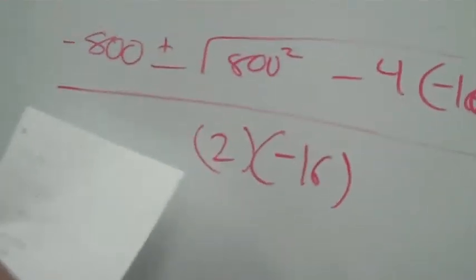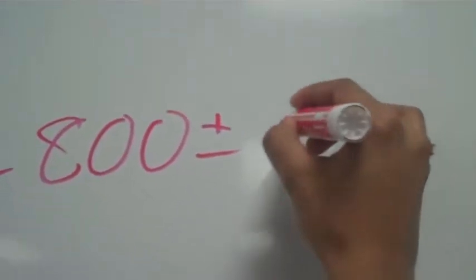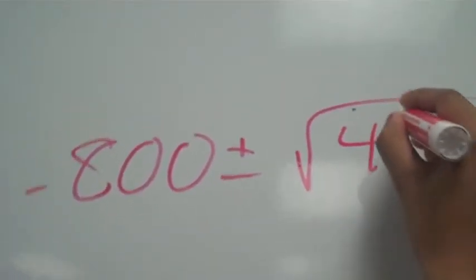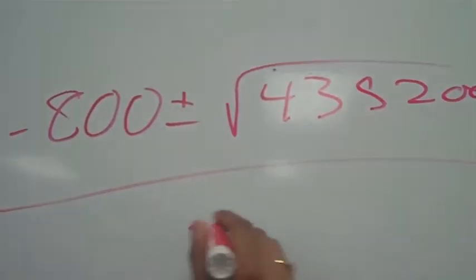Well, this would simplify to 800 plus or minus the square root of 435,200 all over 32.